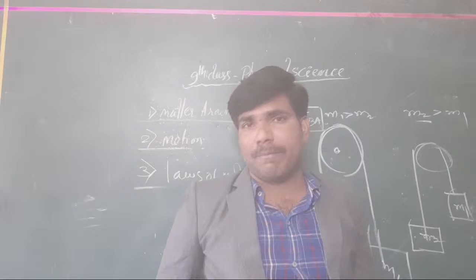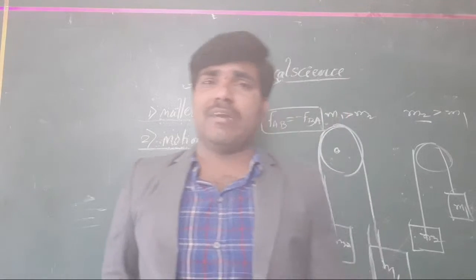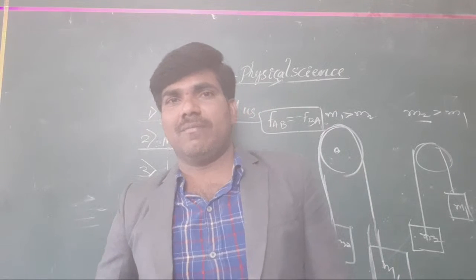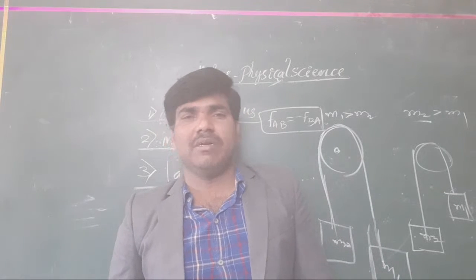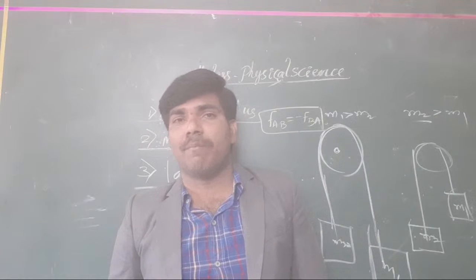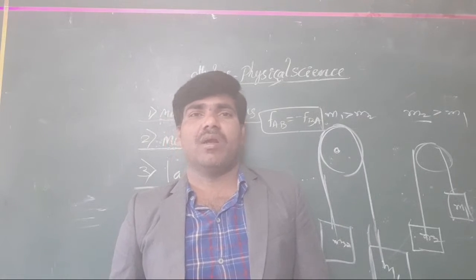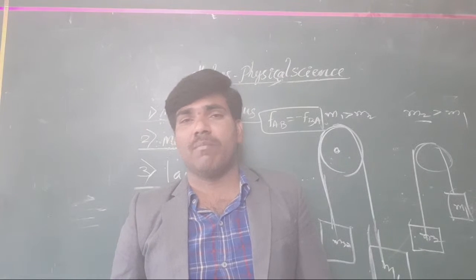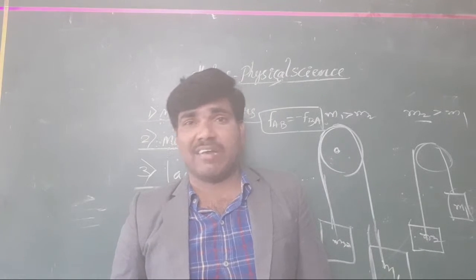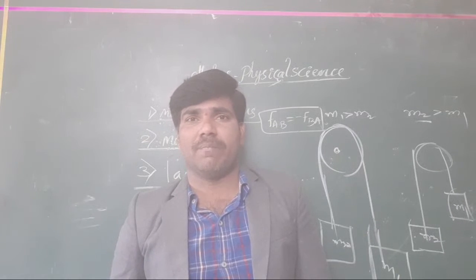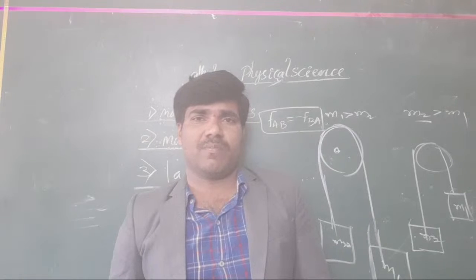Impulse is one of the properties of momentum: the momentum change for a given time interval. A gunshot on a wooden block, or an accident, all depend on the impulse property. Clear or not, all the students? I hope you got it.